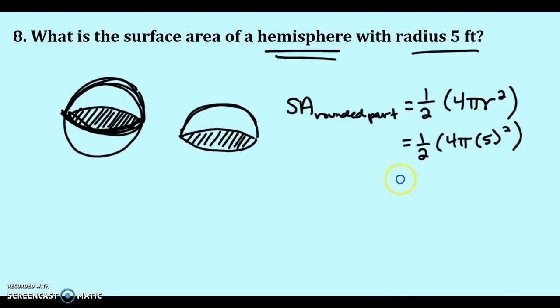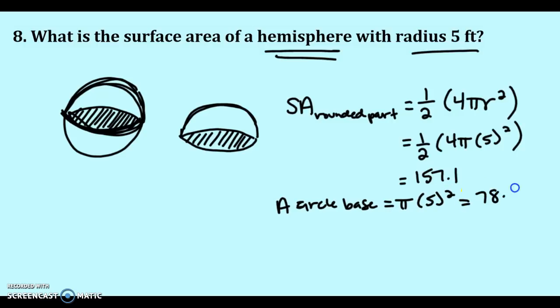When you do that, you should get 157.1. And then I also have to add the area of that circle base. So the area of the circle base is going to be pi times r squared, which is 78.5.